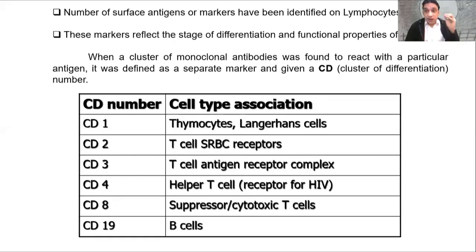In between that cascade, there will be a time when they are going to produce the helper T cells with the CD4 type of receptors. Those cells are vulnerable to HIV viruses. Those cells can be the target of the HIV viruses.